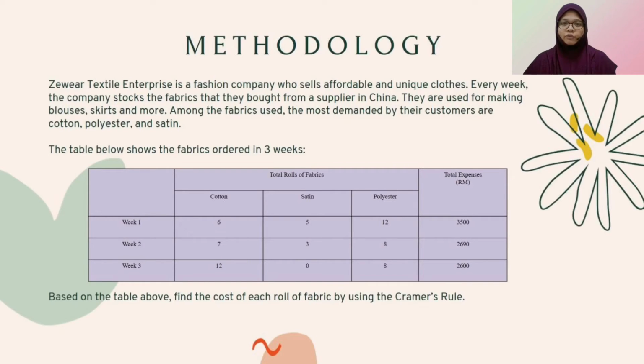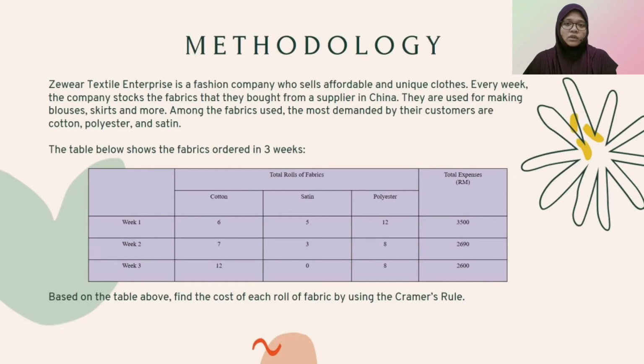The total rolls of fabric ordered in the first week are 23, which are 6 cotton, 5 satin and 12 polyester. The total expenses in week 1 is 3,500 ringgit. In week 2, the total order of fabrics is 18 rolls, which are 7 cotton, 3 satin and 8 polyester rolls, and the total expenses in week 2 is 2,690 ringgit.